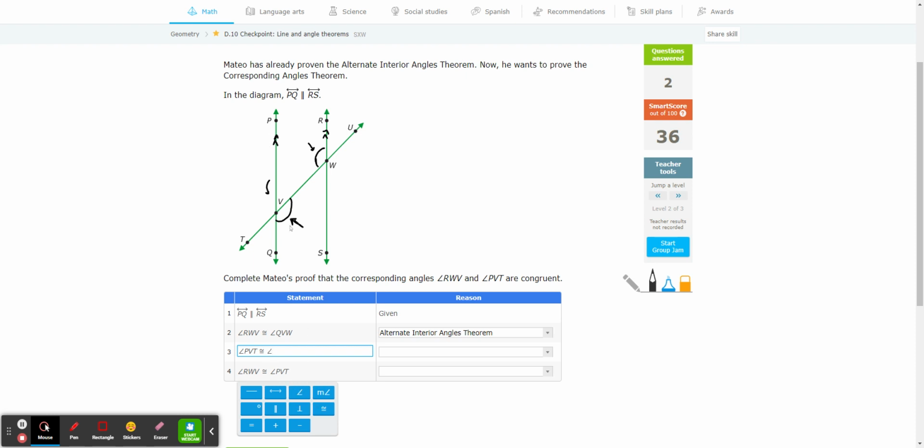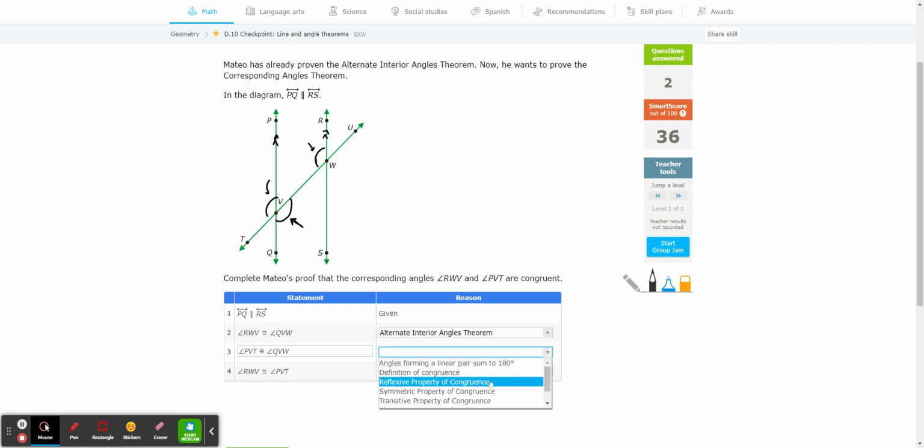That is congruent to angle QVW. Again, we said the reason that this one is congruent to this one is because they are vertical angles. Vertical angles are always congruent. Those are the ones on either side of intersecting lines.